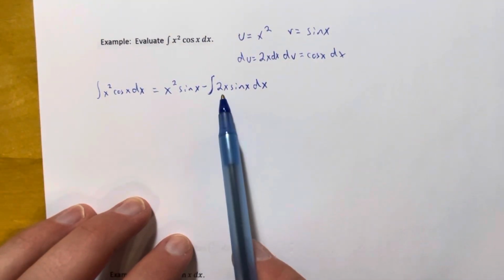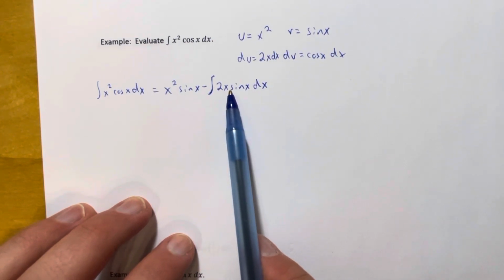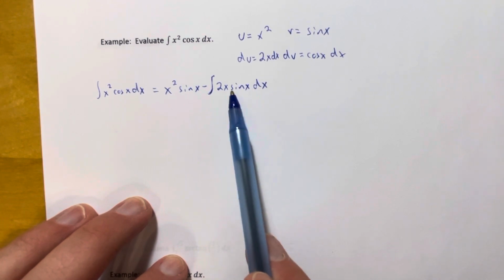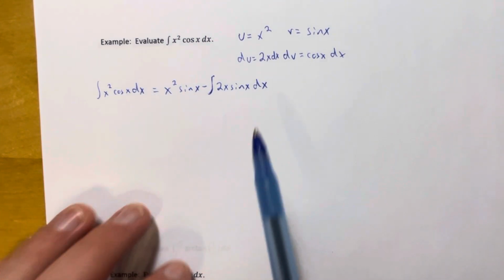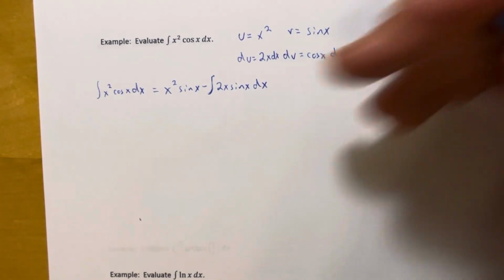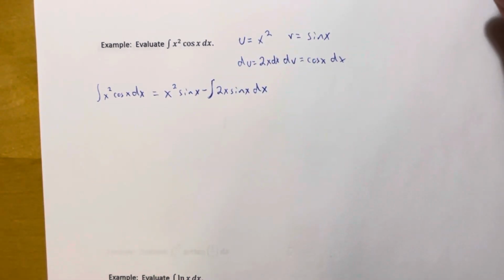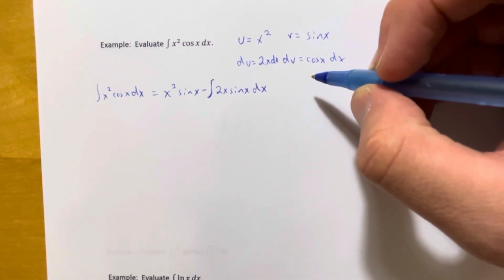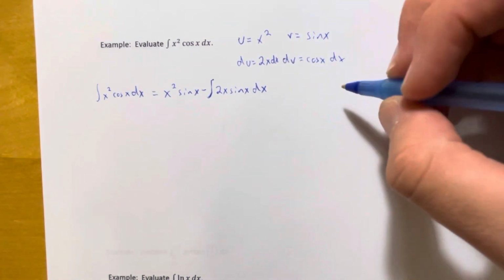Well, the integral that I ended up with here, although the power on that x is smaller, is still not quite at a point where I can solve it in a very straightforward way. So this is an example where you need to apply integration by parts more than once to get to an answer. So what I'm going to do is take this integral and choose a new u and a new dv.